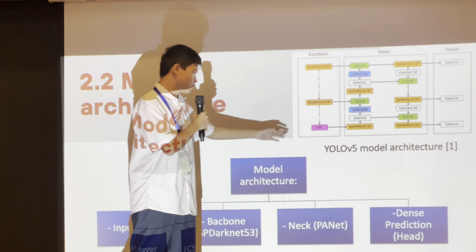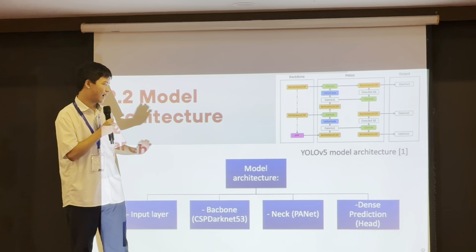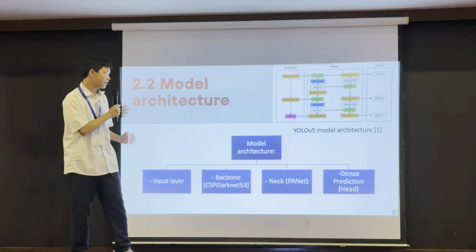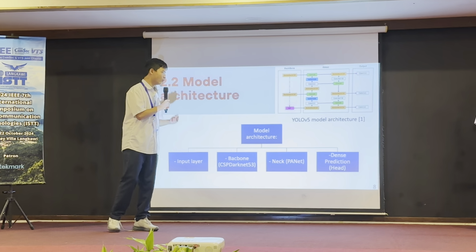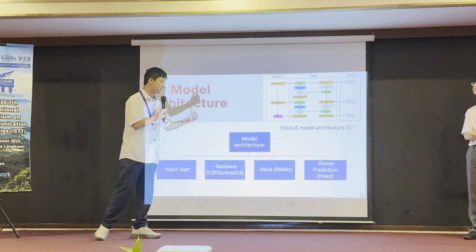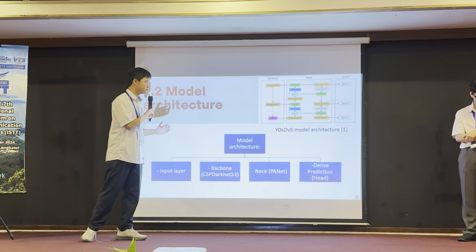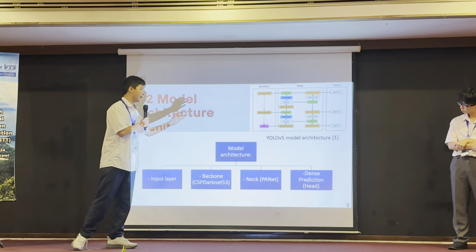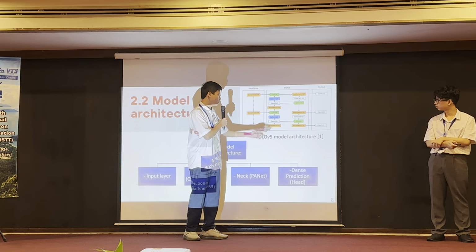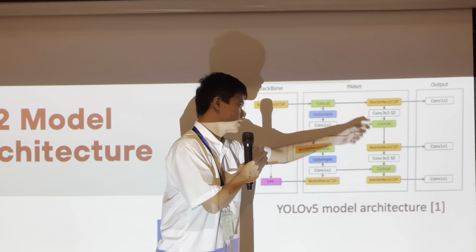Then this information will transfer to the SPP, or spatial pyramid pooling block. This will combine and transfer to the next part, the PANet or the neck. In the neck, they also use bottleneck CSP to connect and extract information. There are also upsample blocks, which, like the name says, are used to refine the features and information, and concat blocks that combine the features from previous layers at different resolution layers, like convolution 1x1 and convolution 3x3.